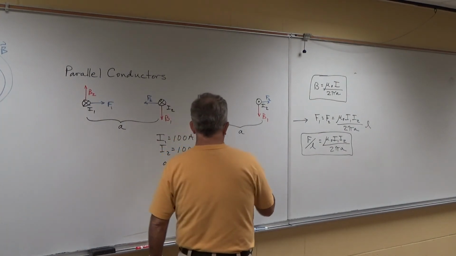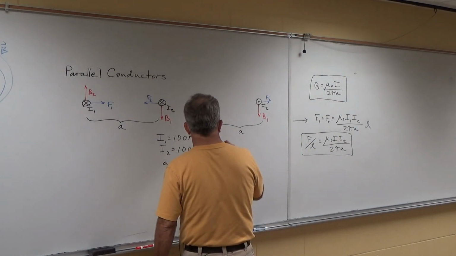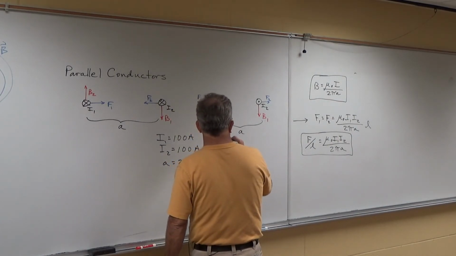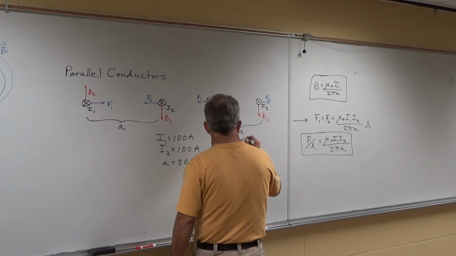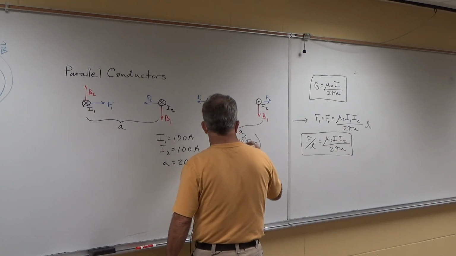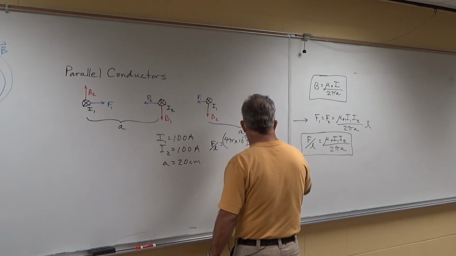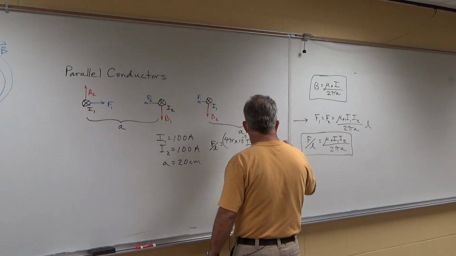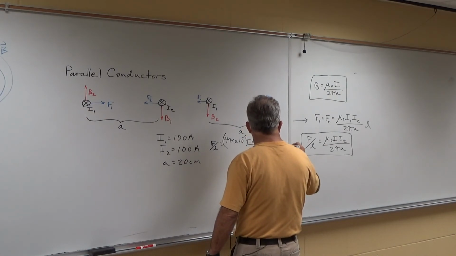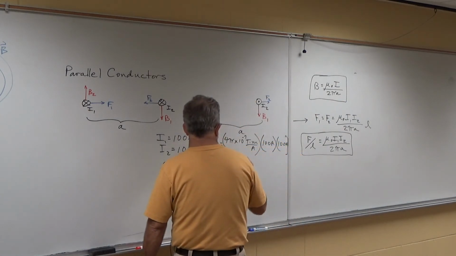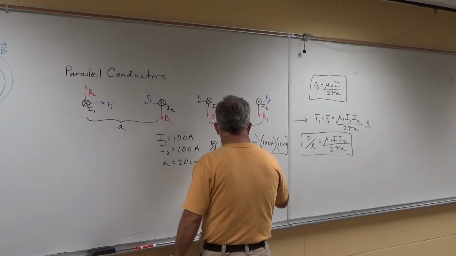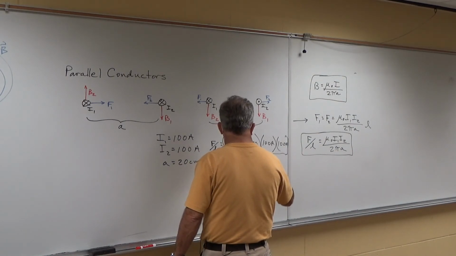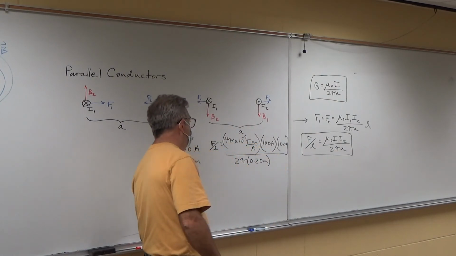So the force per unit length is equal to 4 pi times 10 to the negative 7 Tesla meter per amp. Then I get 100 amps, 100 amps, divided by 2 pi times 0.20 meters.